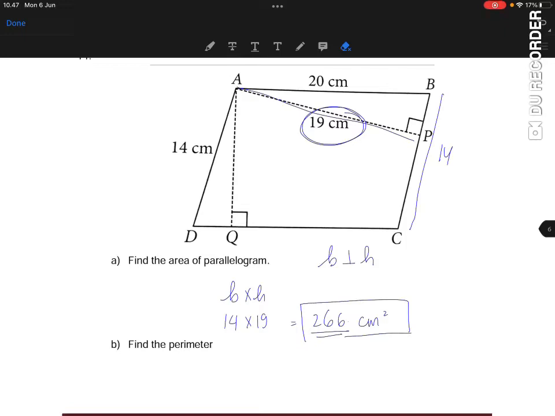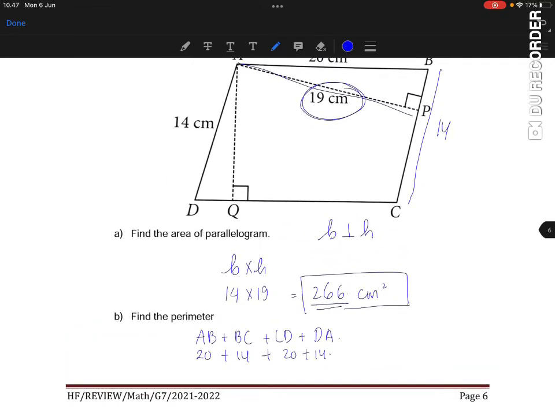As we have a parallelogram ABCD, you only need to add AB with BC, CD, and DA, which is 20, 14, 20, and 14. No need to add 19. 19 is the height. You can use it for the area. For the perimeter, it's useless. Then you will have 68. Finish. This one is centimeter only, not square. If we talk about the perimeter, it's centimeter only.